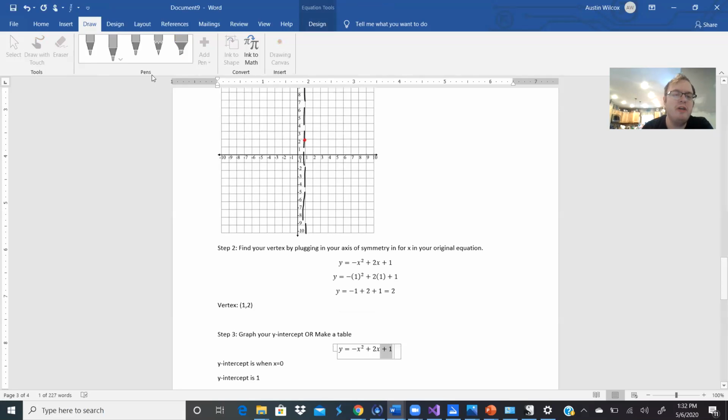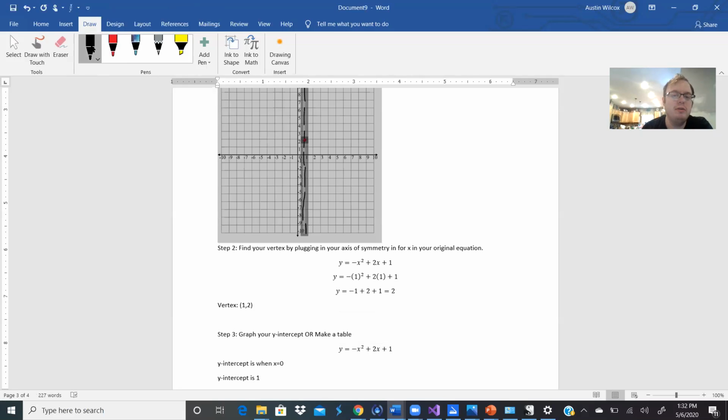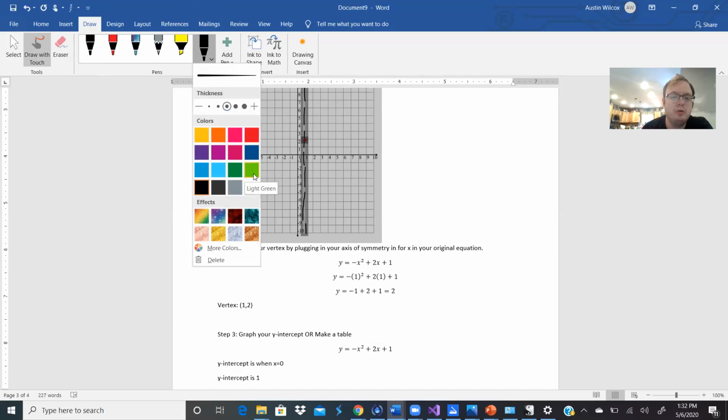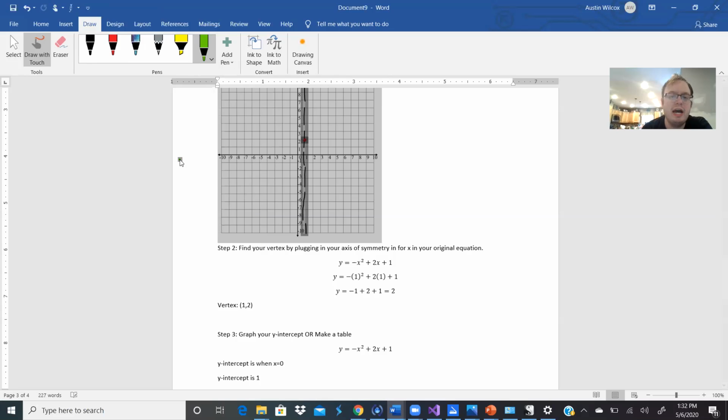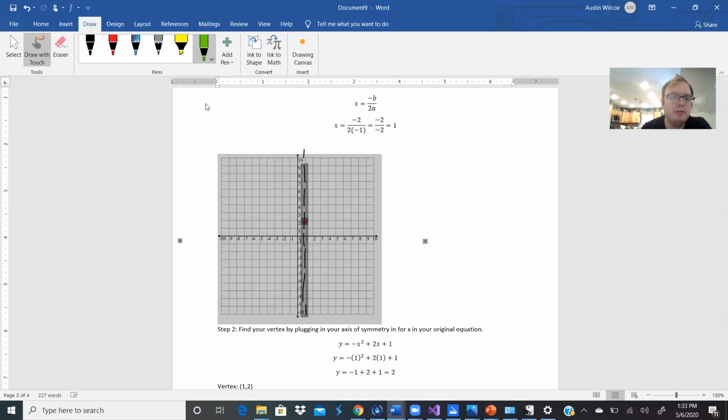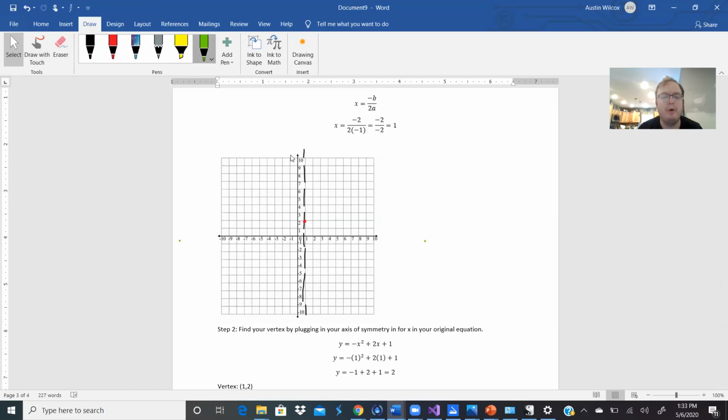And so if I draw this y-intercept here, let's just draw it in a different color pen. Let's just do it in green here. So if I draw my y-intercept, my y-intercept is 1.